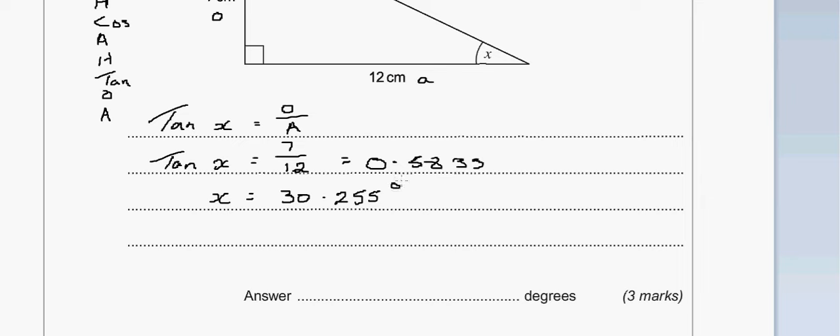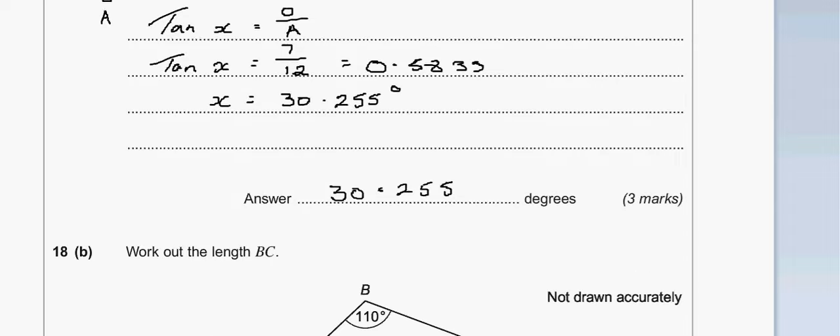Now if you look at that, that seems more sensible, doesn't it? 30 degrees or so. So our answer is 30.255, and they've put the units there, degrees. So this is quite a nice simple question.